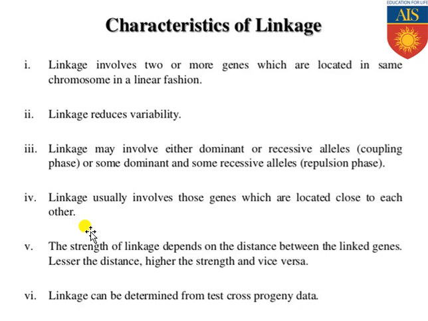Second, linkage reduces variability. Obviously, if the genes present in a single chromosome in a linear fashion are linked with each other, then when they are transmitted from one generation to the next, they will be transmitted by maintaining their normal organization.